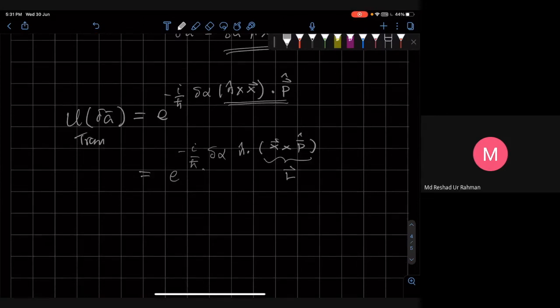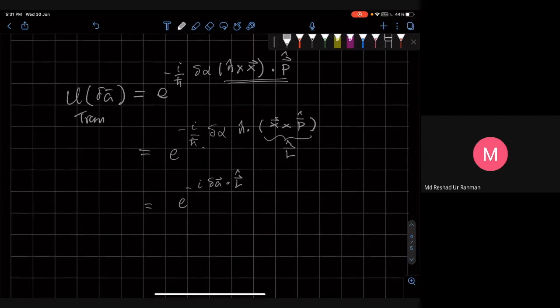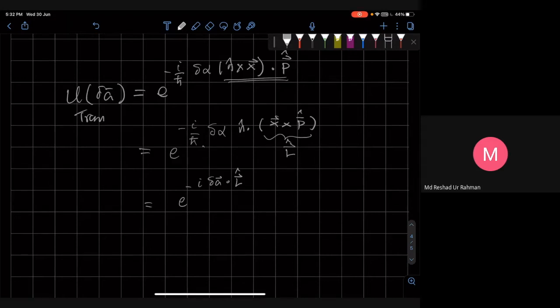So we can write this, infinitesimally, as minus i delta A dot L over h bar. This is an operator, okay? So we see that the operator that translates an object through a small arc of a circle is generated by the orbital angular momentum operator.